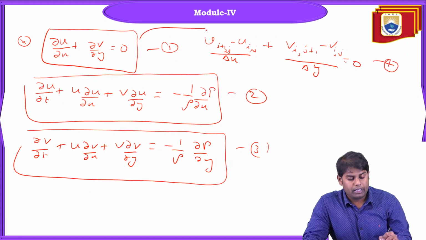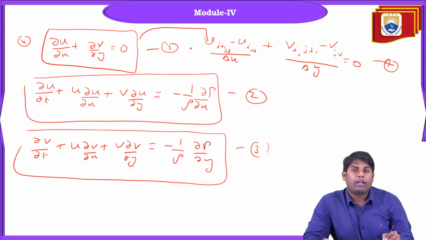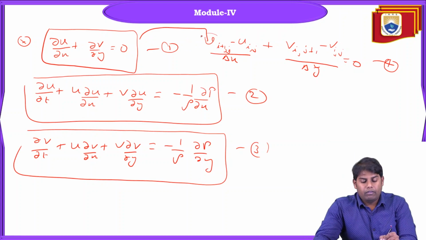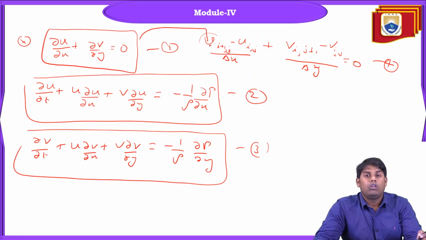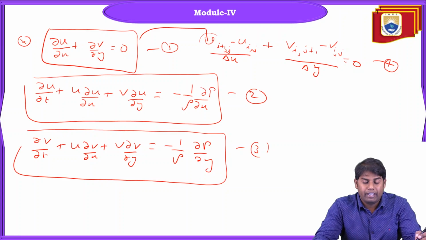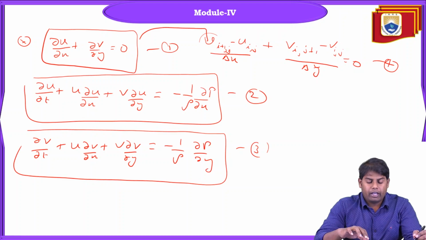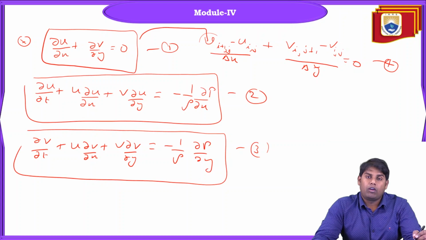So what is happening? We have replaced the partial differential terms completely with a linear form. Here you can see there are no product terms, no partial differential, no derivatives and no non-linear terms.